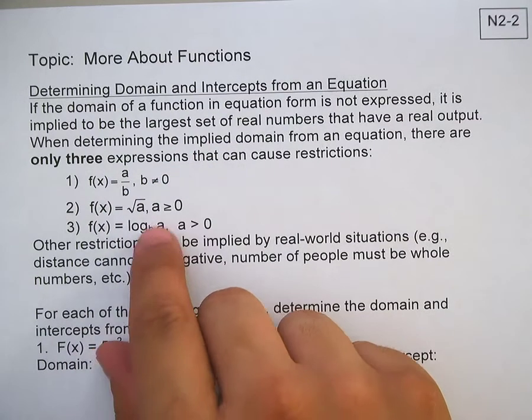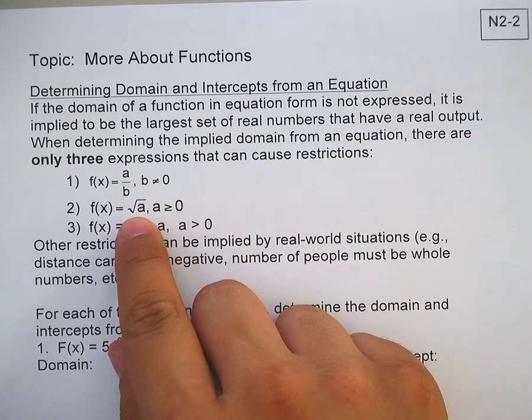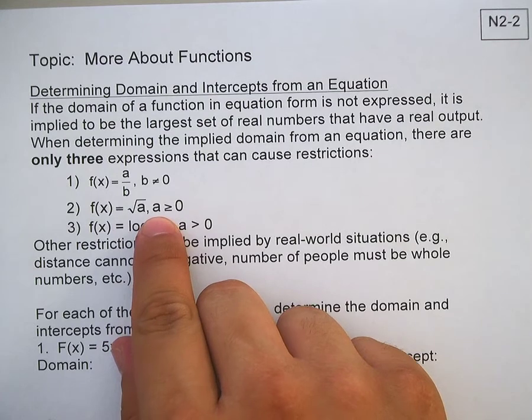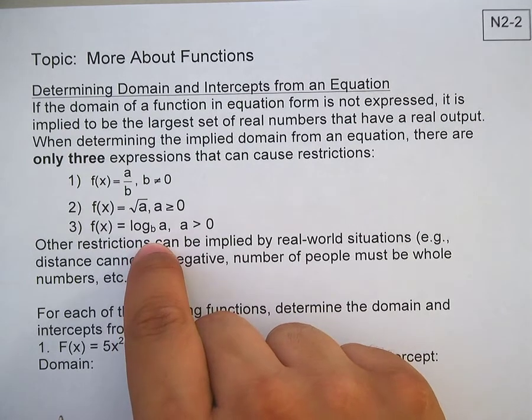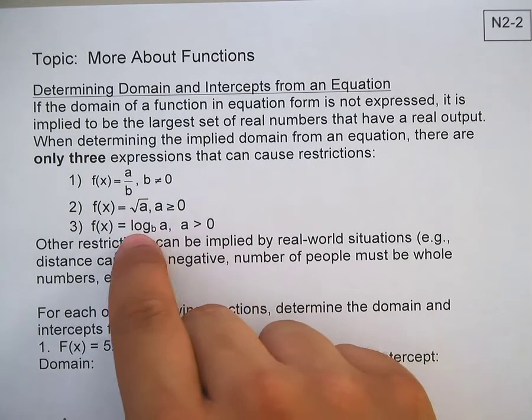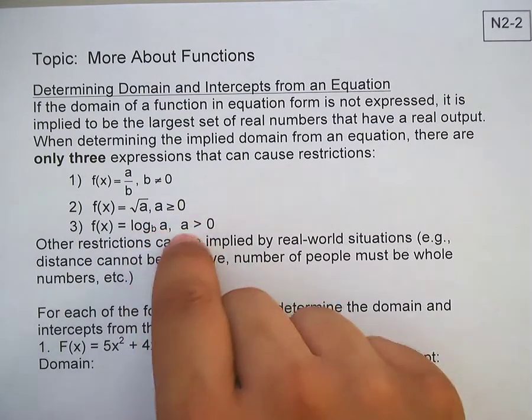The second one is a square root, because we know that you cannot take the square root of a negative number. That's why a has to be bigger than zero here. The third one, we're going to get into a little bit later this year, logarithms. If you're taking a log of a number, that number has to be bigger than zero.